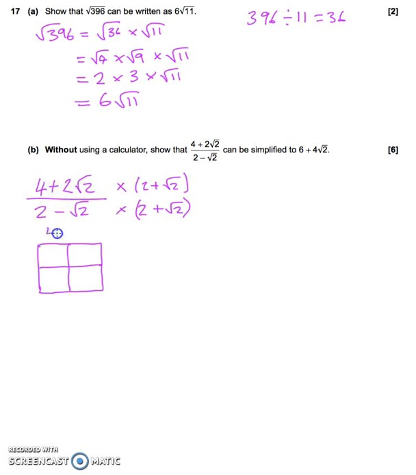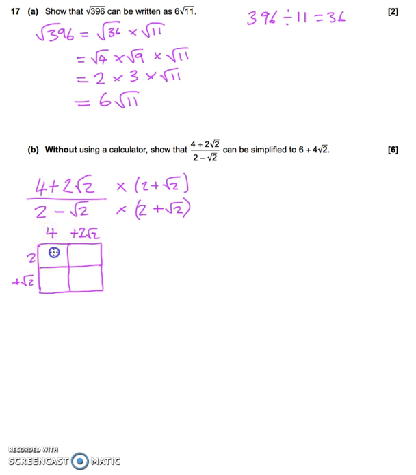So I'm going to do the top bit first, 4 plus 2 root 2, and I'm going to multiply that by 2 plus root 2. And I'm going to multiply these things together.